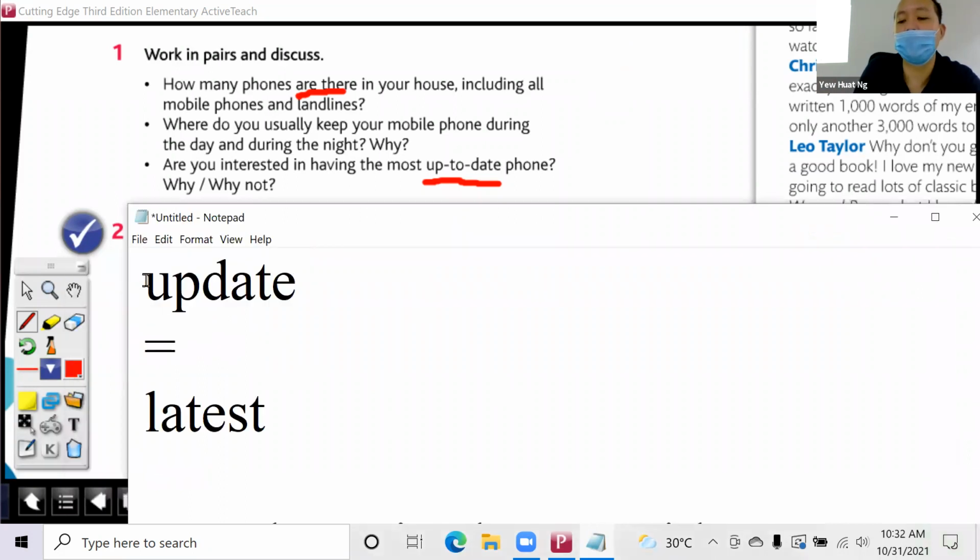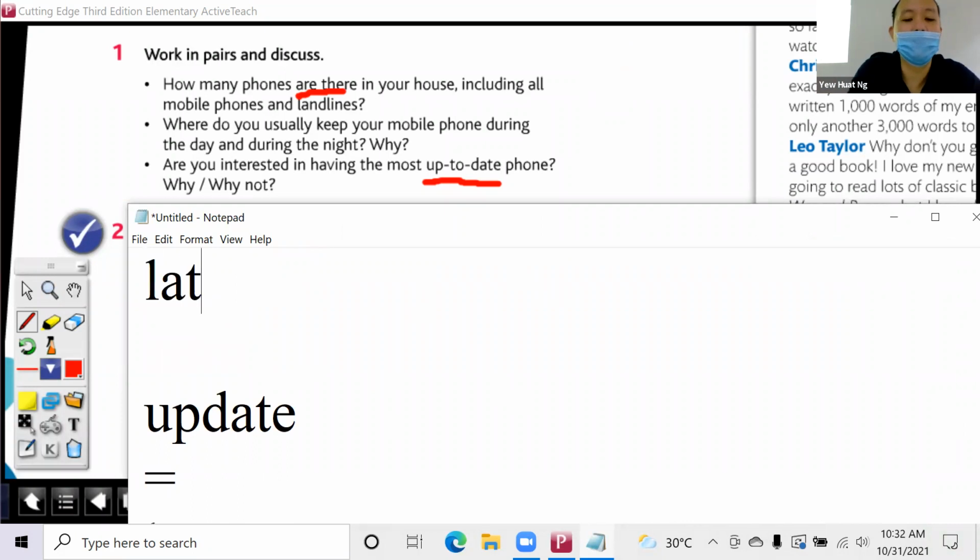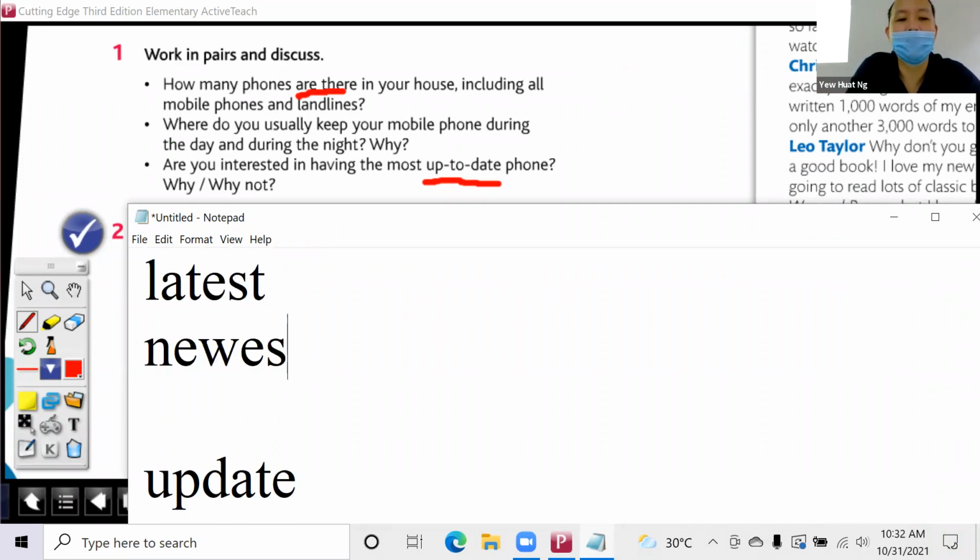Now, sometimes my students will confuse latest and newest. Are they the same? No, it's very, very different. You're confused because in Chinese, they are the same.